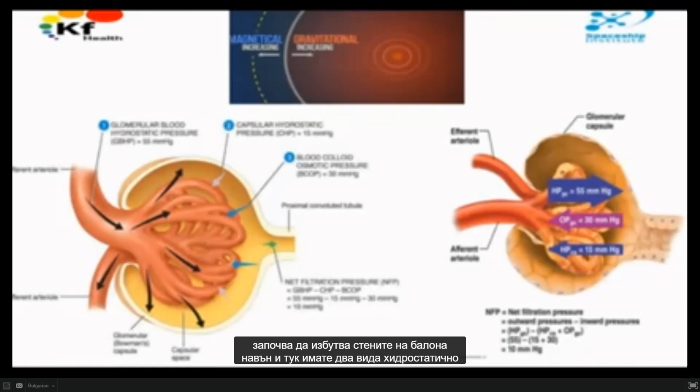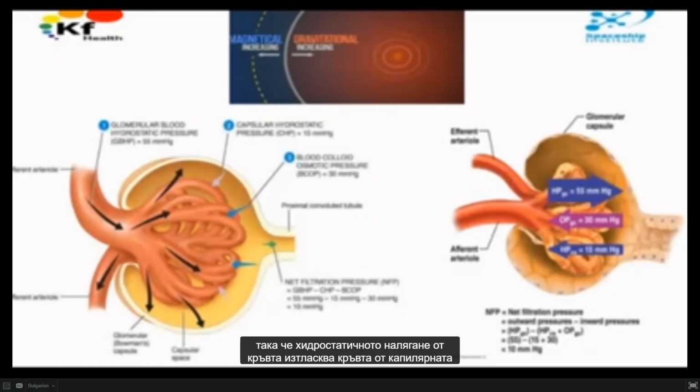And you have here two kinds of hydrostatic pressure. One comes from the blood flow through the artery part. It is about 55 millimeters of mercury. When it goes inside of the glomerulus, it starts to be opposed by the hydrostatic pressure inside of the Bowman capsule, and they have a difference.